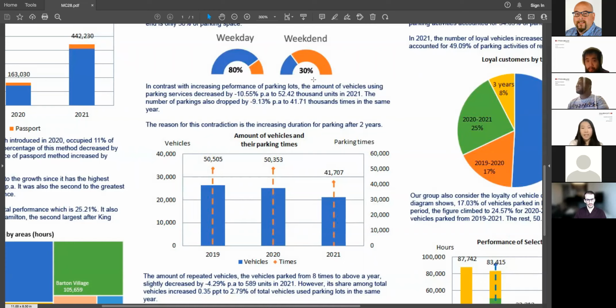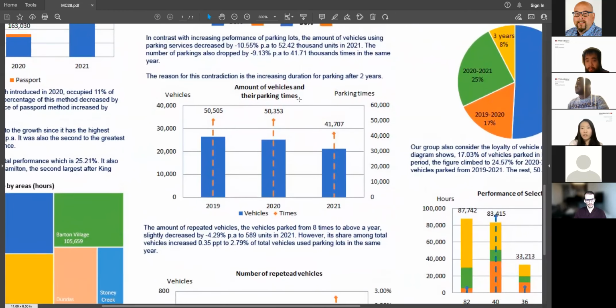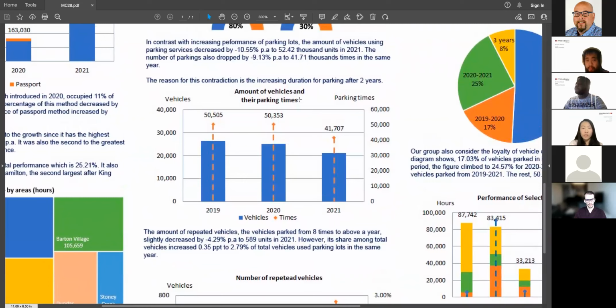And then we can analyze the amount of vehicles and their parking times. In contrast with the increasing performance of parking lots, for the previous years in our analyzed period, the amount of vehicles actually decreased for their parking services by 10.55% to 52.42 thousand units in 2021.